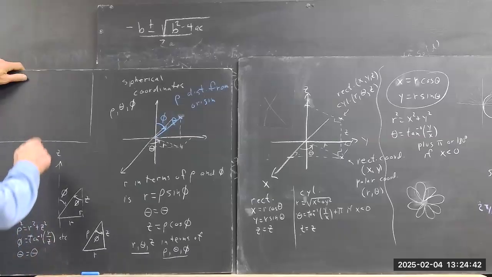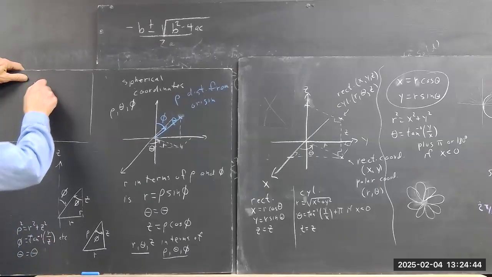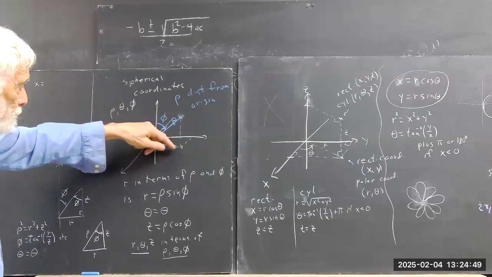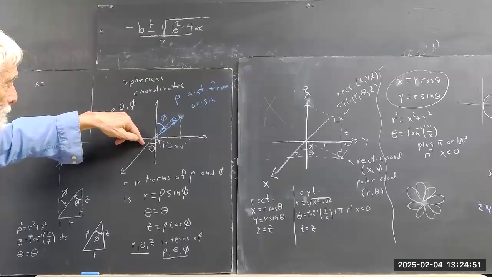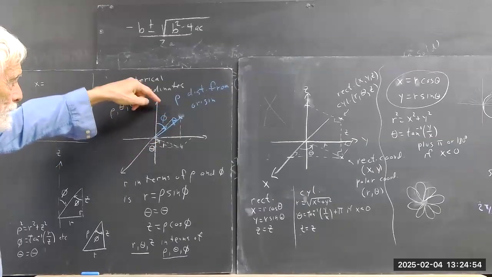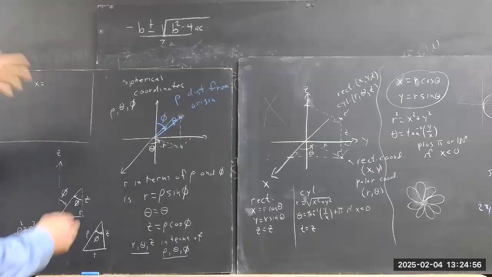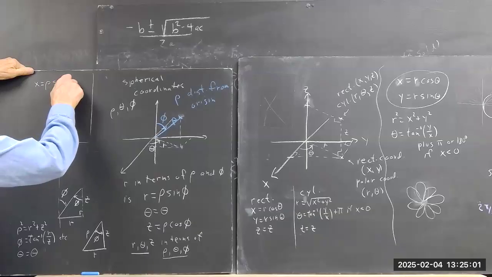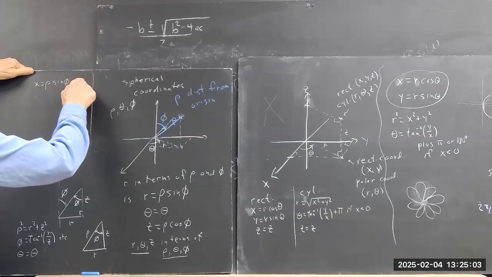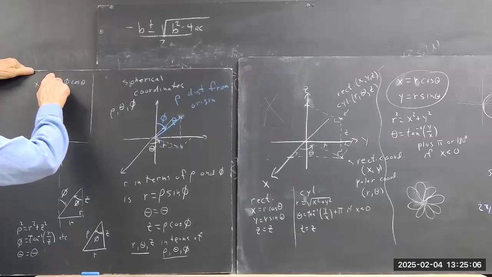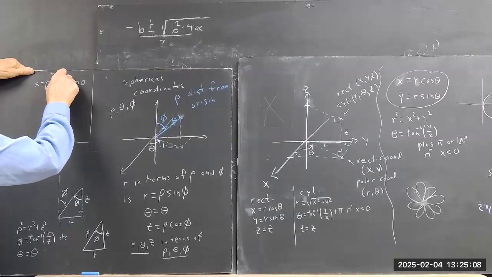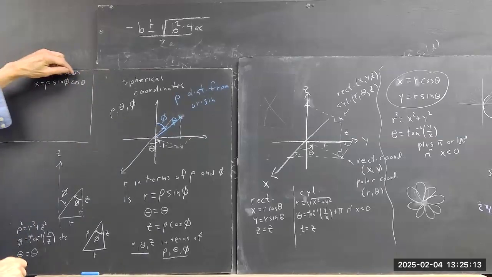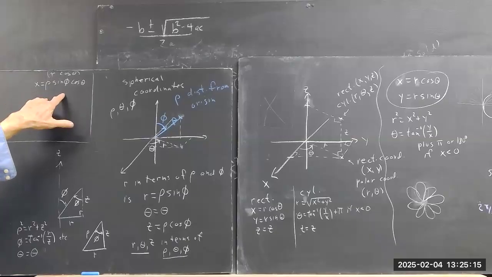I'm just going to write that down. It's pretty obvious. X equals, well, in this picture, it's R cosine theta, but R is rho sine phi. So X is rho sine phi cosine theta. You can see that as R cosine theta, and R is just rho sine phi.